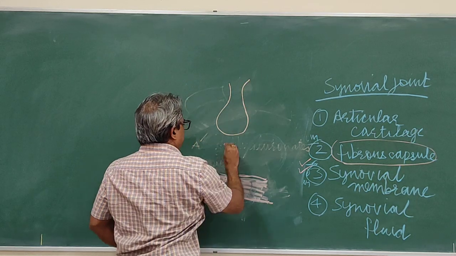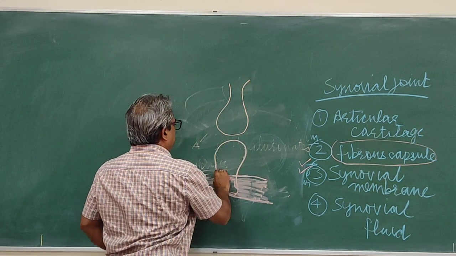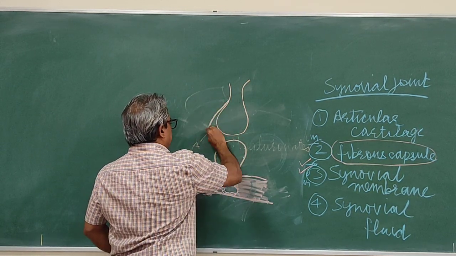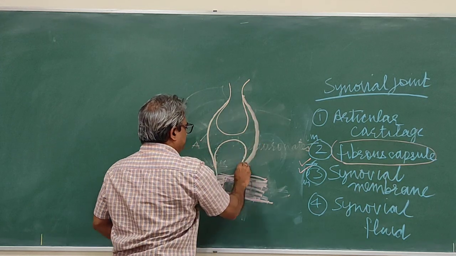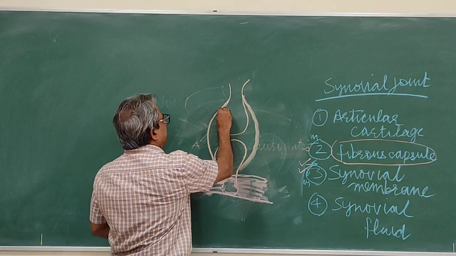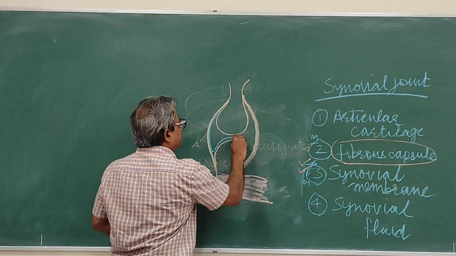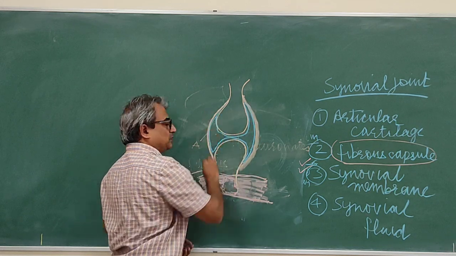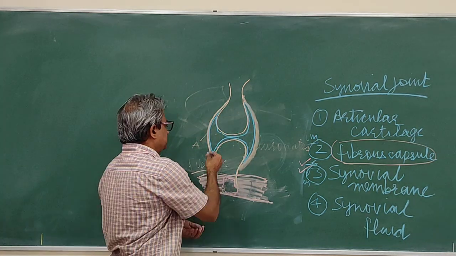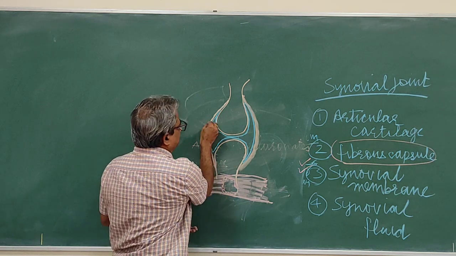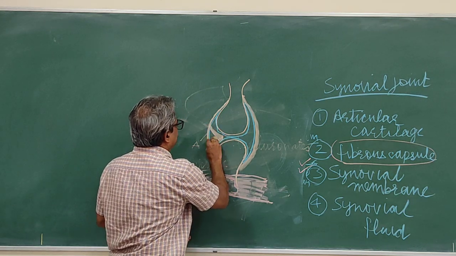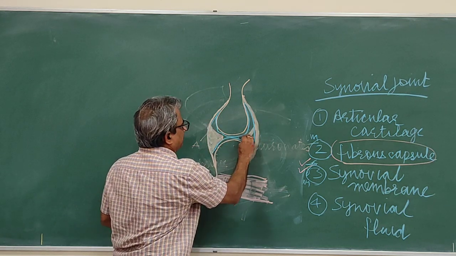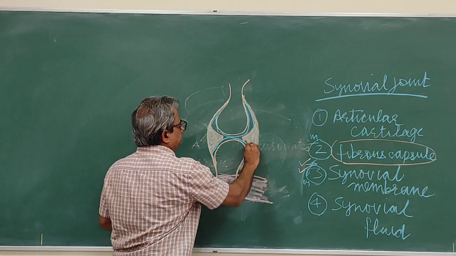This is a bone, this is another bone below it, and this is the fibrous capsule, right? And inside, it is lined by the synovial membrane, right? Say there is a reinforcement in the form of the menisci, which is present over here, right?